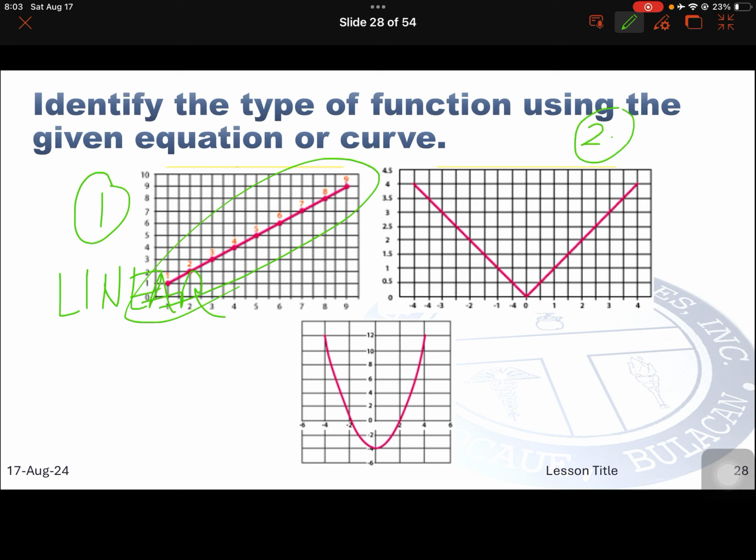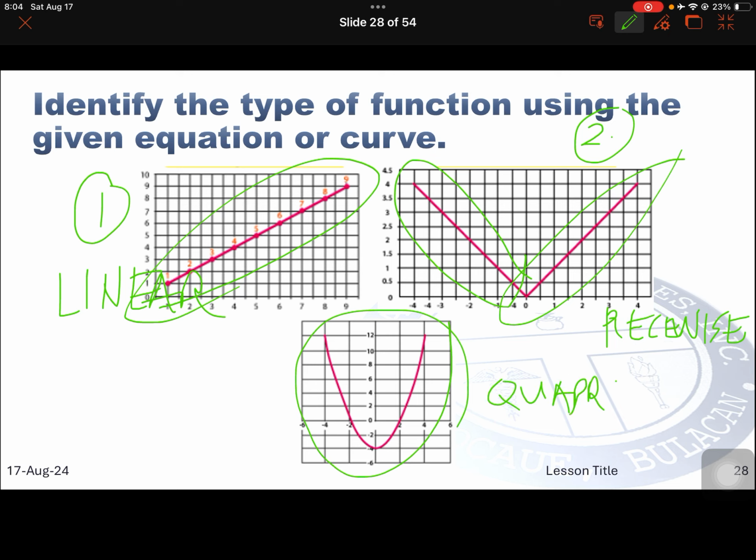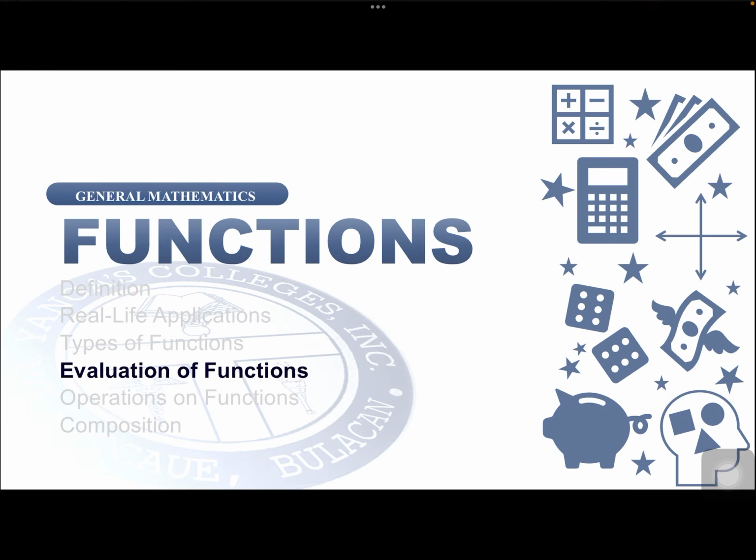Second, we have encountered this already. It has two graphs in one Cartesian plane, the one here and the one here. So this is called the piecewise. And lastly, the one here is a parabola. So this one is a quadratic. So now we're done with the types of functions.